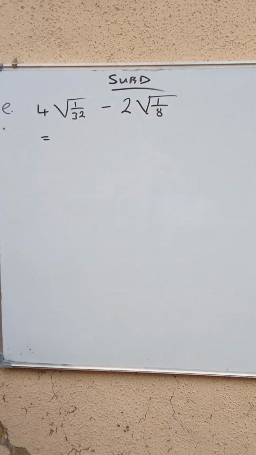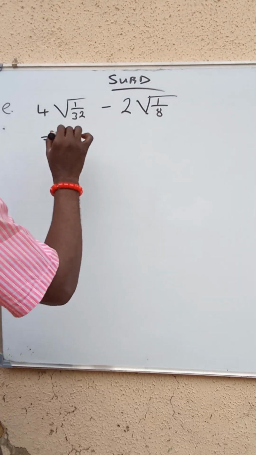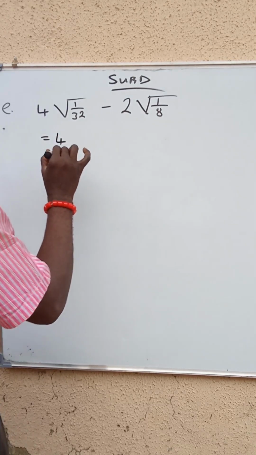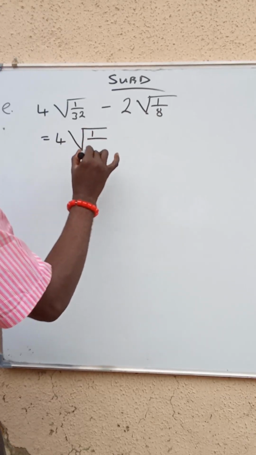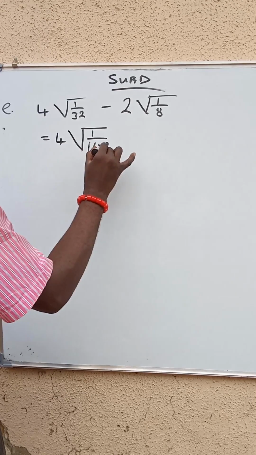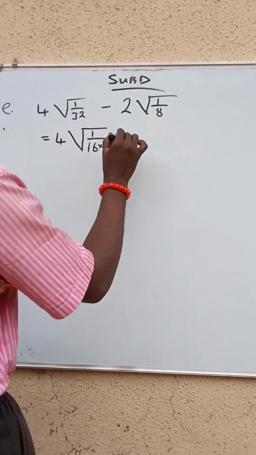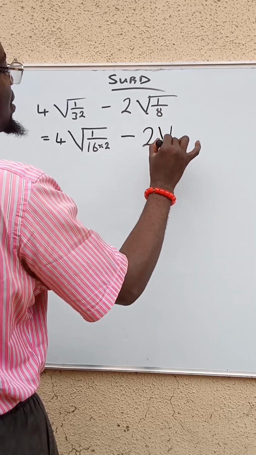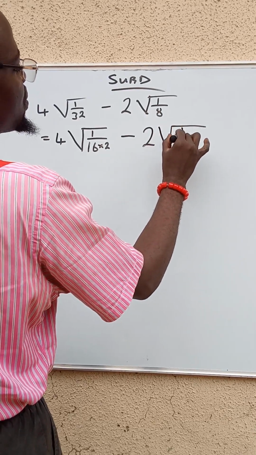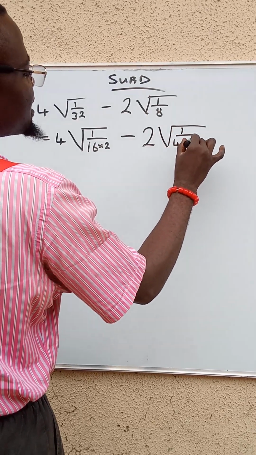32. You know, there's something I want to do. So this will give me 4, be watching, 1/16 multiplied by 2 minus 2, 1/4 multiplied by 2.